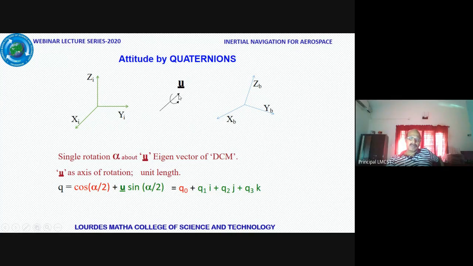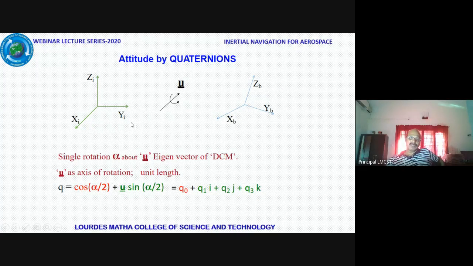And about that vector as an axis of rotation, you rotate the entire frame about this axis, give a rotation alpha, you will align this frame to this exactly. And that's all. So each part of the quaternion is explained by this statement.